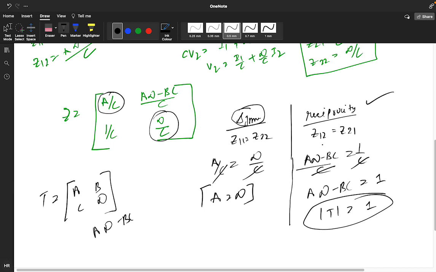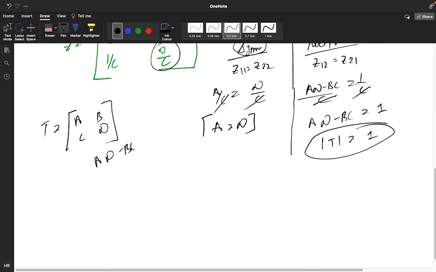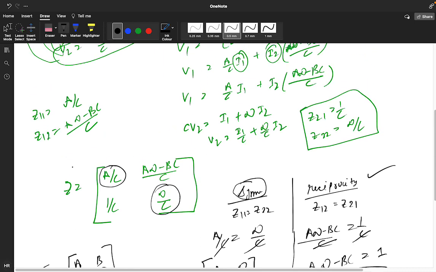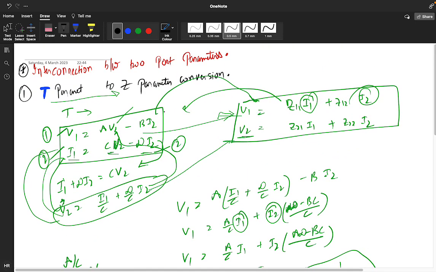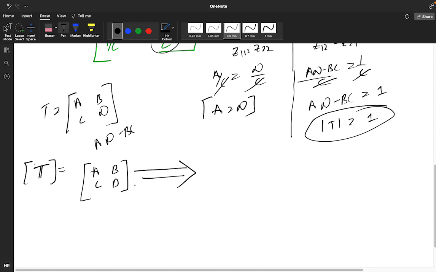Okay. So we already discussed this. Is this clear for everyone, how we are getting this? You have a T network, a transmission network, and this network is given as A, B, C, D. You know the conversion, how to convert this transmission network into a Z network.